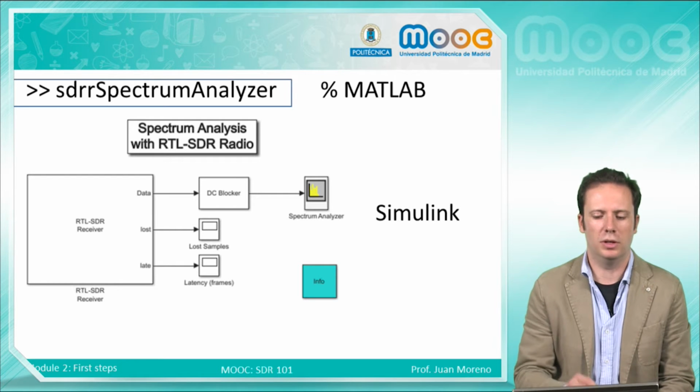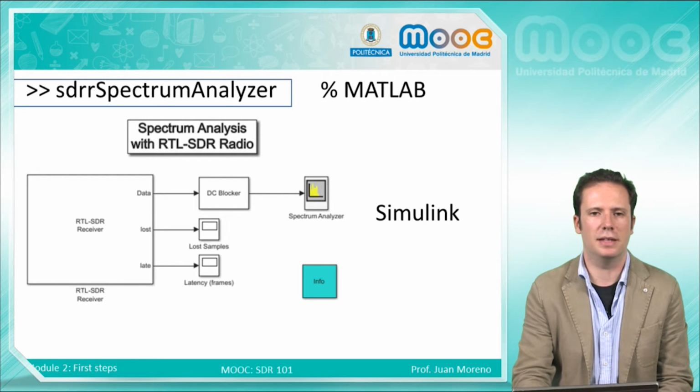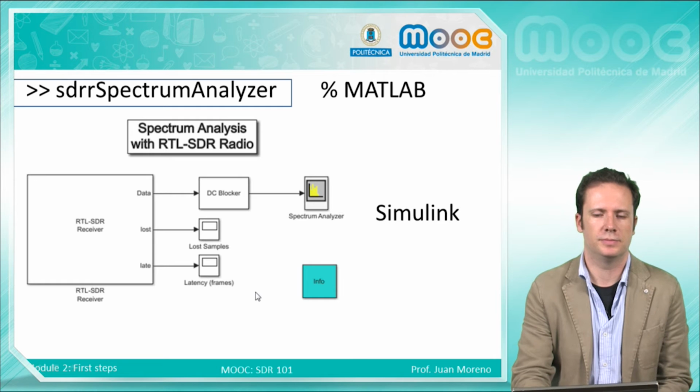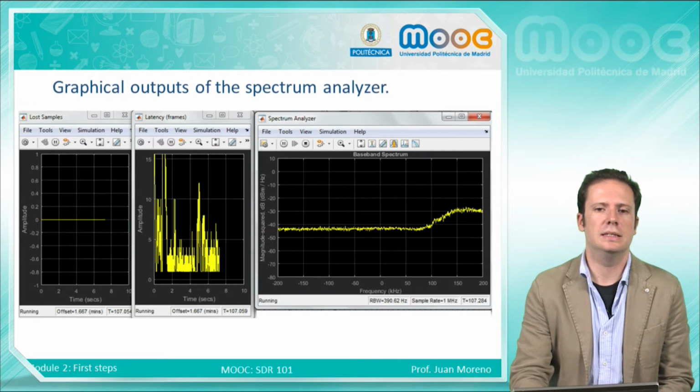This is the example. In MATLAB is this command that is shown in the black box, and this is the architecture of the Simulink example. These are the graphical outputs of the spectrum analyzer. This is the spectrum analyzer itself.